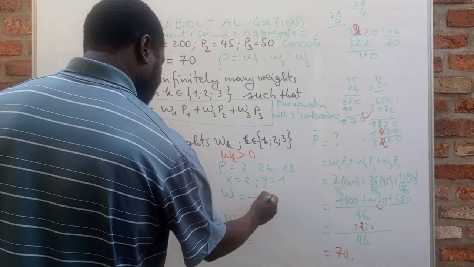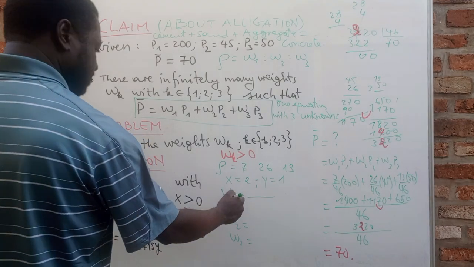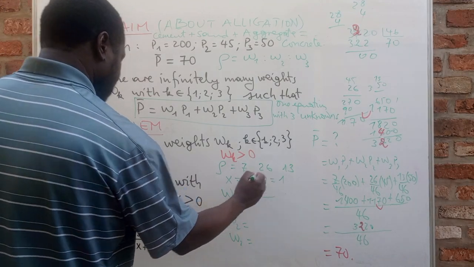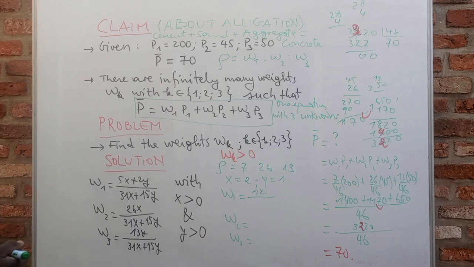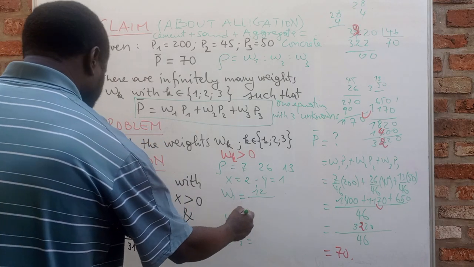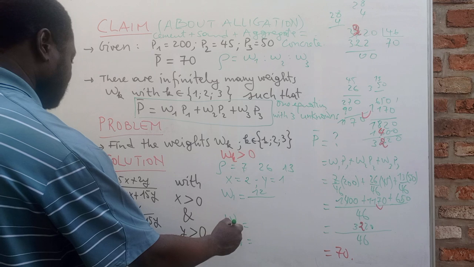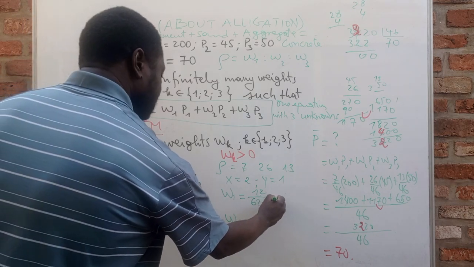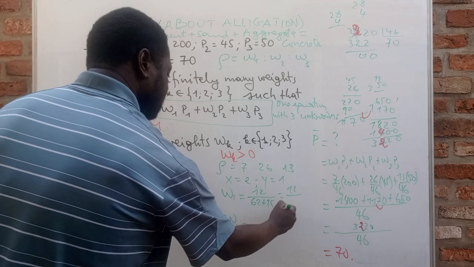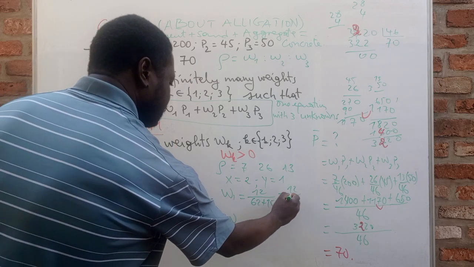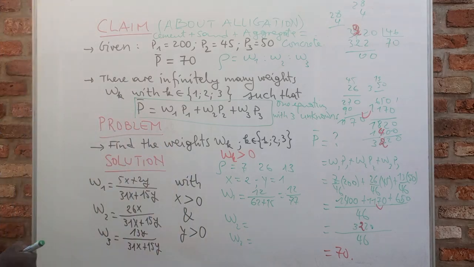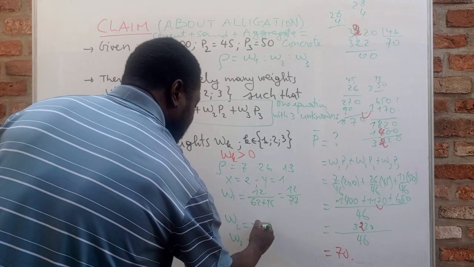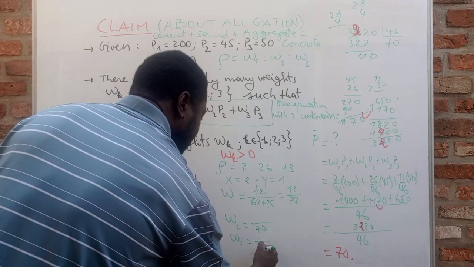So we're going to have 5 times 2 is 10, 10 plus 2 is 12. So I hope there is no mistake again. So now here we have 62 plus 15, which is going to be 12 over 77. So everything here is also 77 over 77.